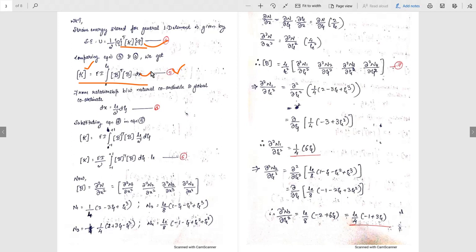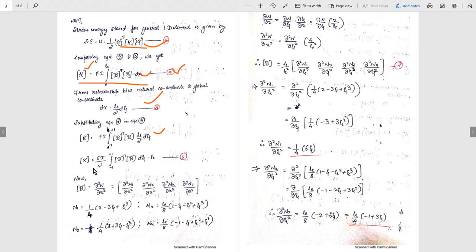We'll convert this dx in terms of d xi, and when you convert from global coordinate to natural coordinate, the limits will change from 0 to Le to -1 to +1. From the relationship between natural coordinate and global coordinate, we have dx equal to Le by 2 d xi. When you substitute this here, the expression you get is EI integration -1 to +1 B transpose B Le by 2 d xi.